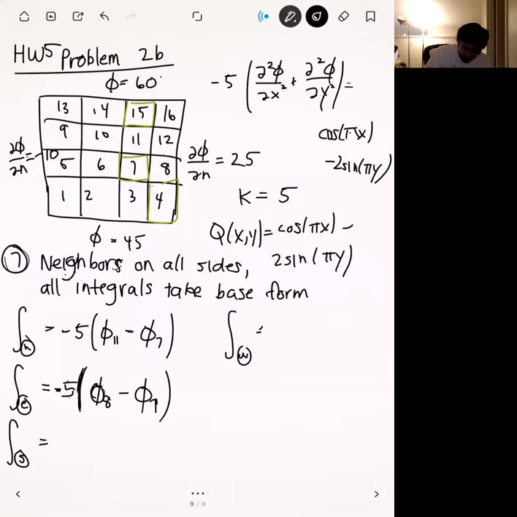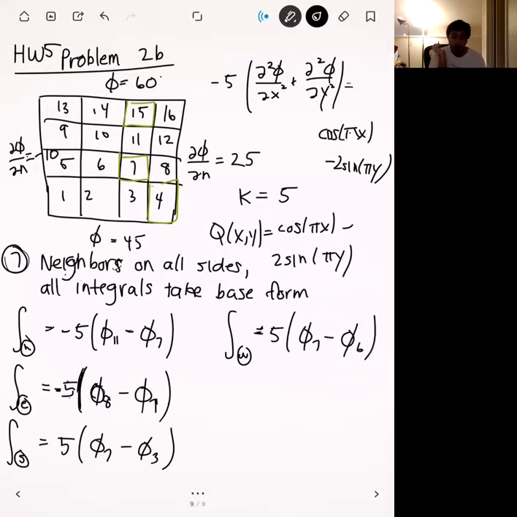Okay. Then we have the south neighbor, and for the south neighbor, we have k, which is 5, times phi sub c, which is 7, minus phi sub south, which is phi 3, okay. And for the west neighbor, we have 5 multiplied by phi sub 7 minus the west neighbor, which is phi 6, okay? All right.